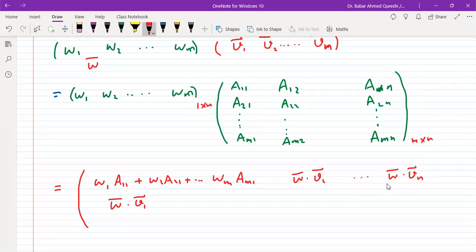Let me write that out explicitly. This gives you these numbers: W1 A1N plus W2 A2N plus all the way to WM AMN.